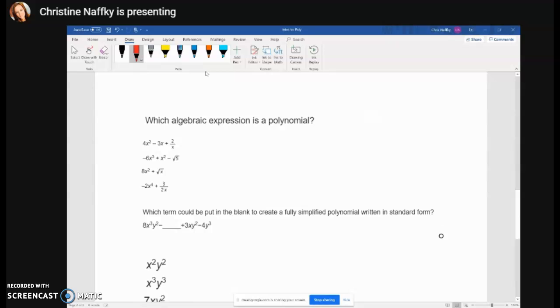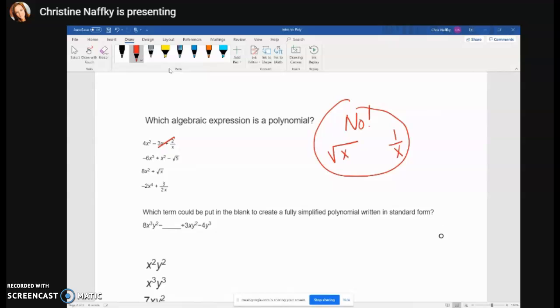Okay? Polynomials. So this is the big no for polynomials. A polynomial cannot have a letter, called a variable, under the square root, and it cannot have a variable as a denominator, which is on the bottom. So these are no's. If you look at your example, this one's not a polynomial because, again, you see that letter, which is called a variable, on the bottom, so that one doesn't work. This one's fine.